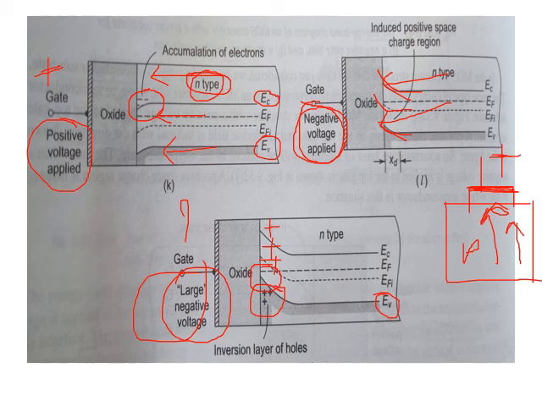If I apply positive potential, holes will be repelled. Minority carriers will come, and that phenomenon is called inversion. Carrier accumulation and inversion. The same thing happens in n-type material also.